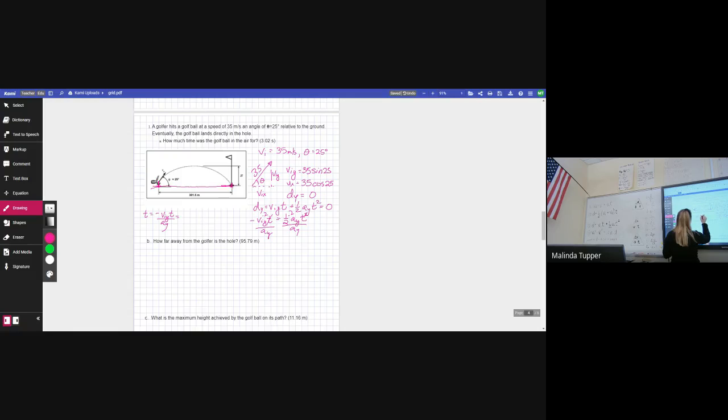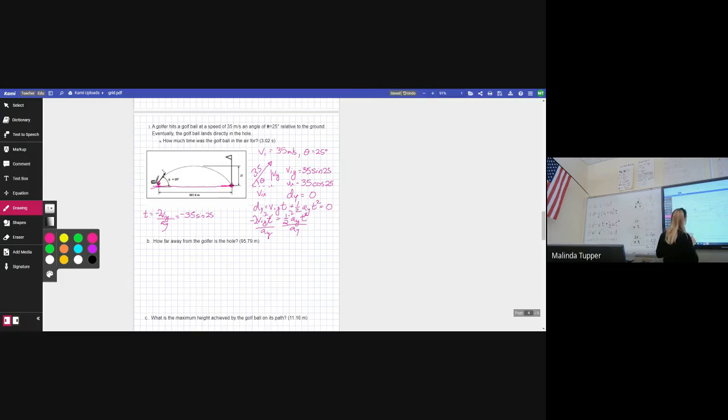So this is negative 35 sine 25 times 2 divided by negative 9.8. Sorry, I don't know why I had that t there, and I did leave out my 2.